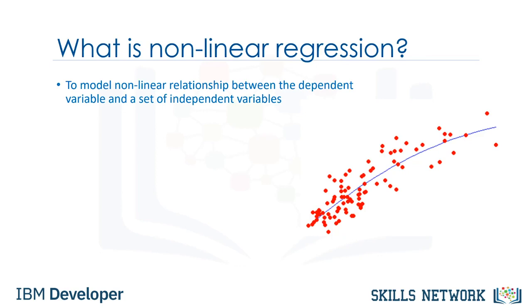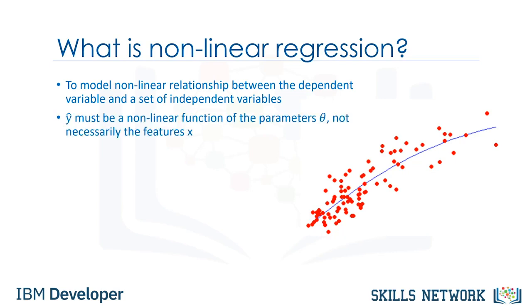First, nonlinear regression is a method to model a nonlinear relationship between the dependent variable and a set of independent variables. Second, for a model to be considered nonlinear, y hat must be a nonlinear function of the parameters, theta, not necessarily the features x.